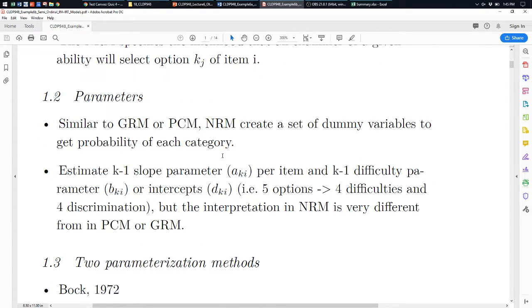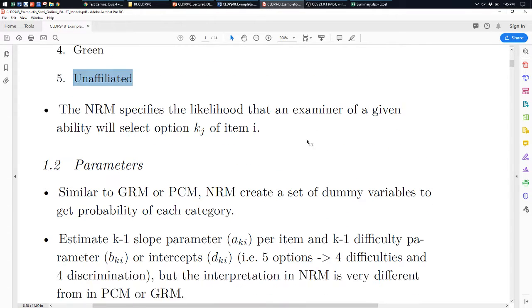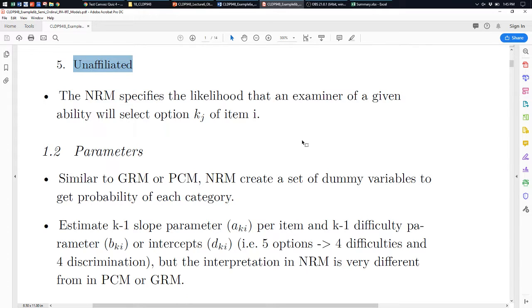So for the parameters in the nominal response model, there are k-1 slopes and k-1 intercepts for a k-option item. For example, if this item has 5 categories, there will be 4 unique slopes and 4 intercepts.